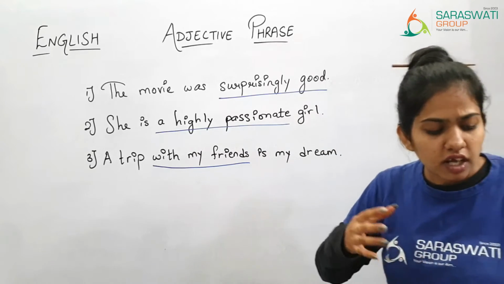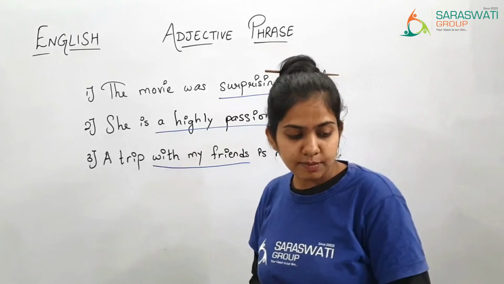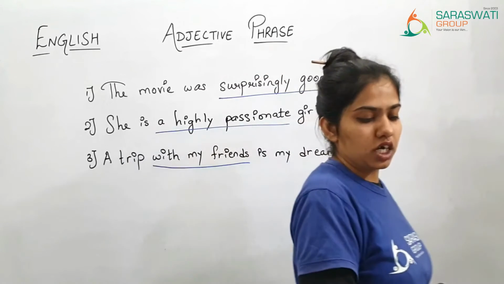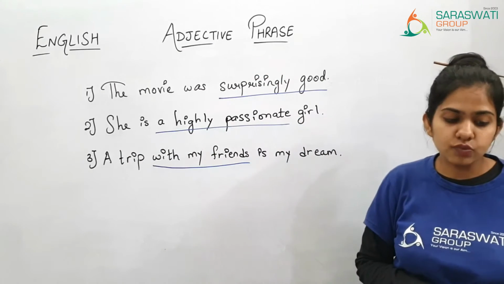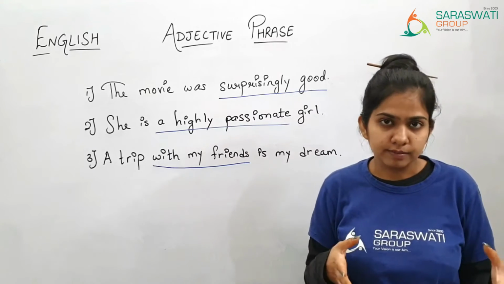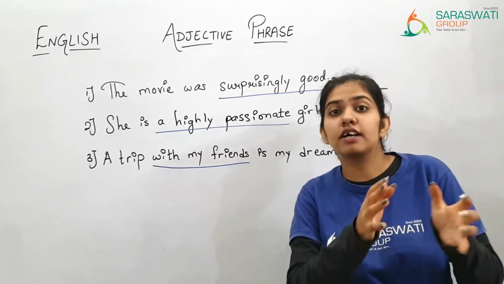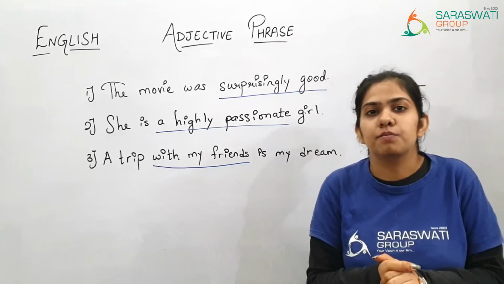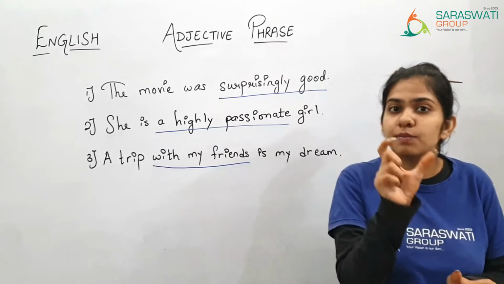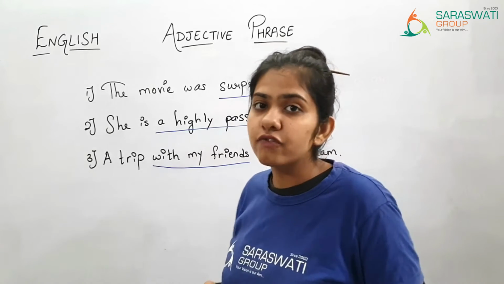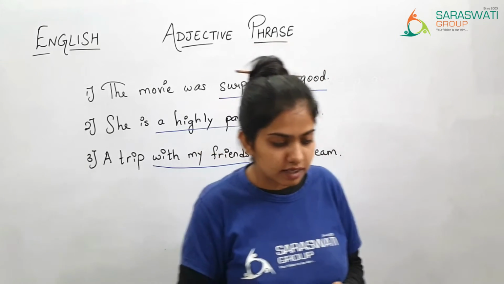So, a guy smarter than me will solve this puzzle. A guy. What will this guy do? Smarter than me. Right? Who will solve the puzzle? A guy. Now, how is that guy? Smarter than me. What is the adjective over here? Smarter. And smarter than me will become your adjective phrase. Right?